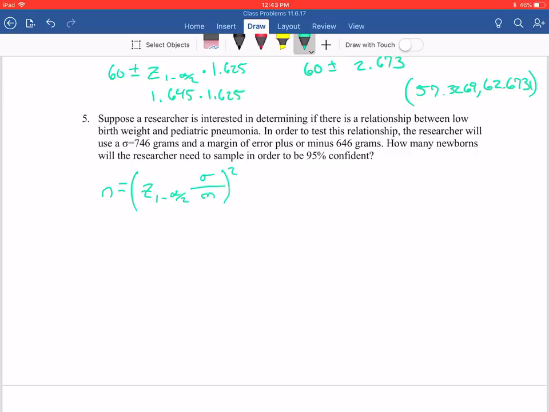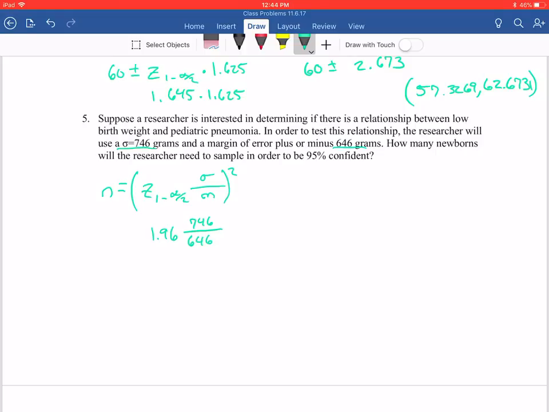One of the things I told you to commit to memory: to be 95% confident, the z of 1 minus alpha over 2 value is 1.96. They told us our standard deviation is 746 grams over our margin of error, which is 646 grams.